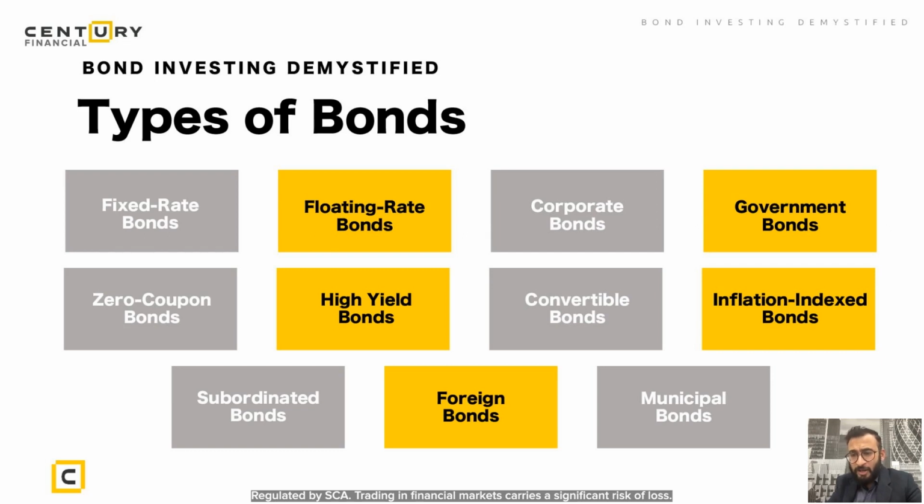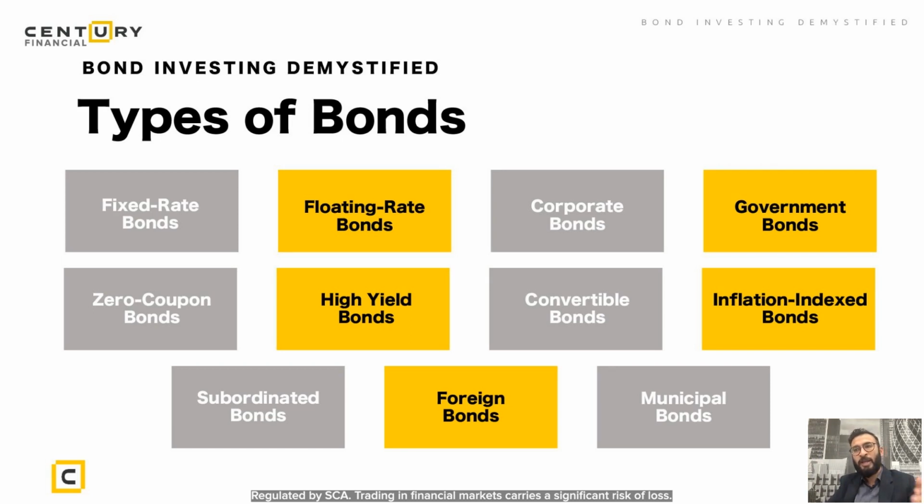Please explain subordinated and foreign bonds as well. Definitely. So when we are looking at all these kinds of bonds, right, when we talk about subordinated, in terms of a subordinated bond, we are looking at where the bondholder is literally at the bottom of the repayment hierarchy. So, for example, how a subordinated bond would work: imagine the company issued bonds and then call it a subordinated bond, right?